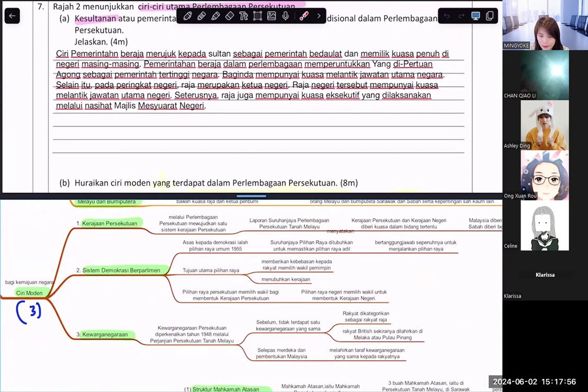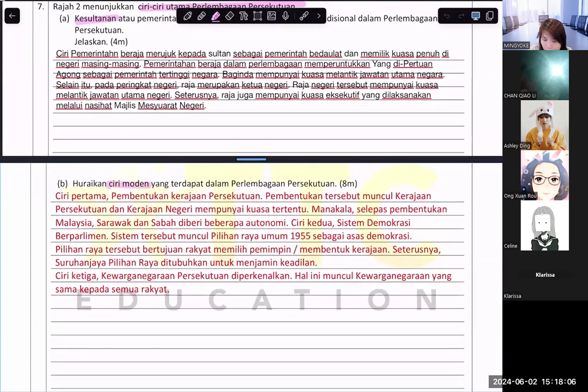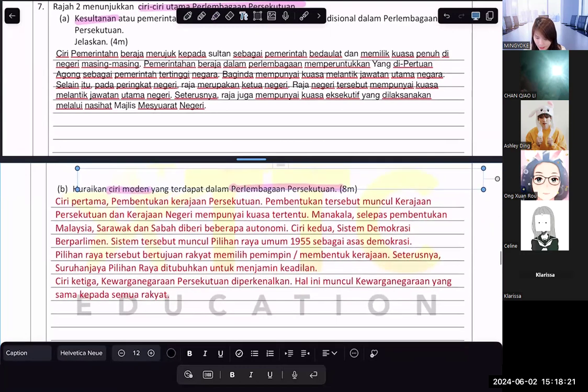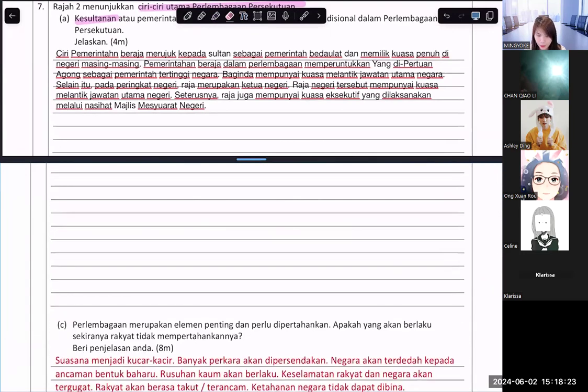Hold on. Ciri modern. Here. So if they ask you about ciri modern dalam pelembagaan persekutuan, then you have ciri pertama. Or if they want you to have kepala soalan, then you have to write it completely lah.